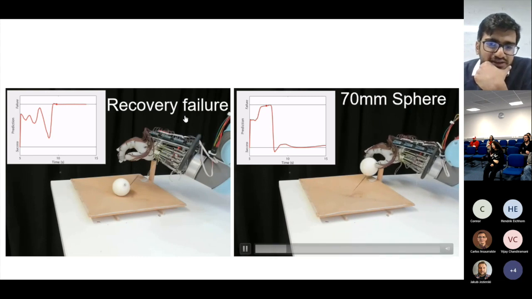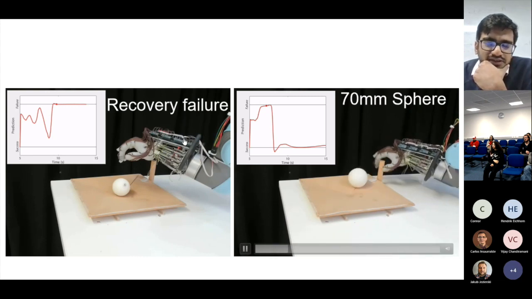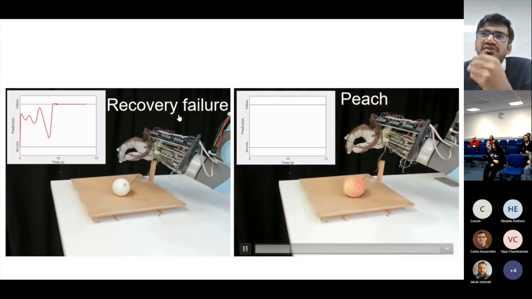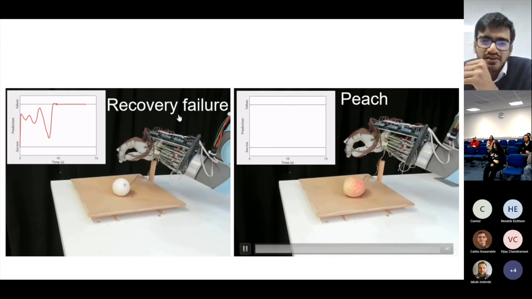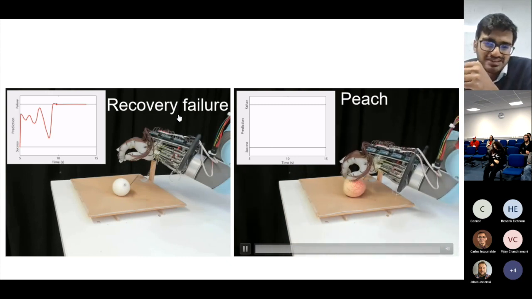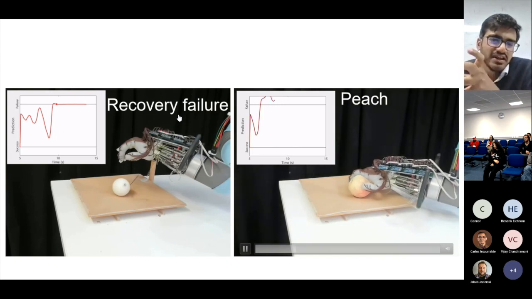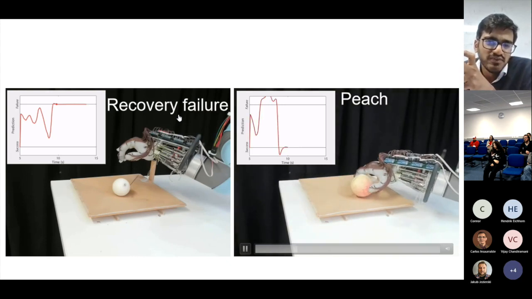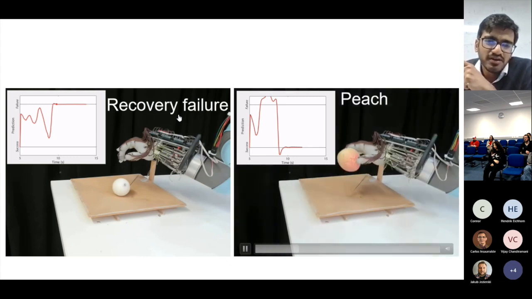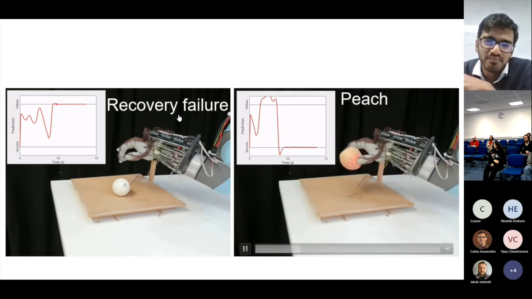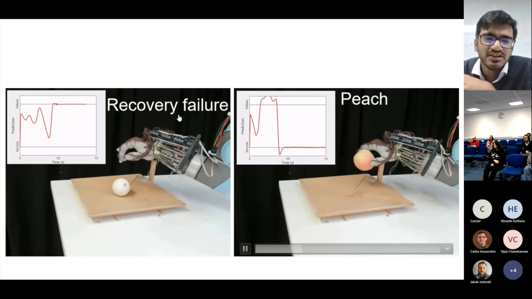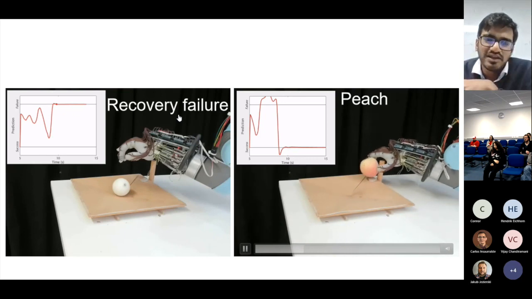Let me also point out that the coloring of the graph is dependent on something else. We use another heuristic to decide when something has gone wrong, based on some simple thresholding. So the color that you see, when the blue line turns to red or green, means that we have predicted it to be a failure. It's not necessarily the case that it becomes a failure in the end, but at least based on our heuristics, we have decided that it's going to be a failure.